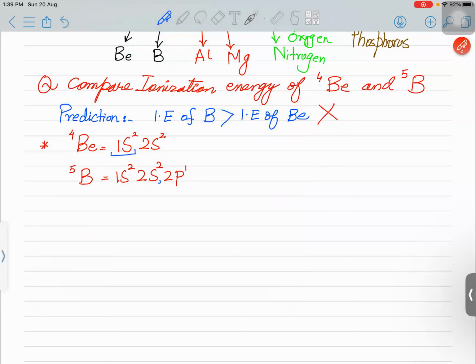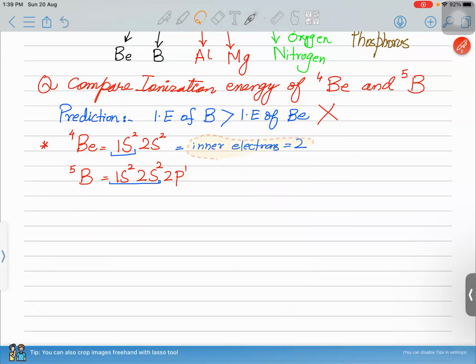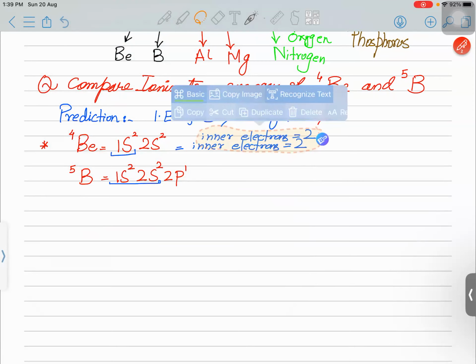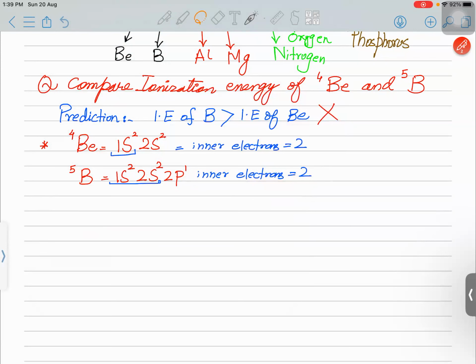Inner electrons: 2. And what about boron? 4. So which one has more inner electrons? Boron. Yes, boron has more inner electrons.